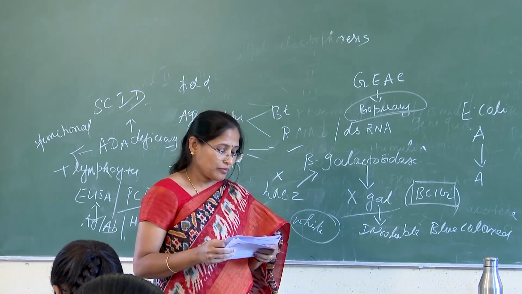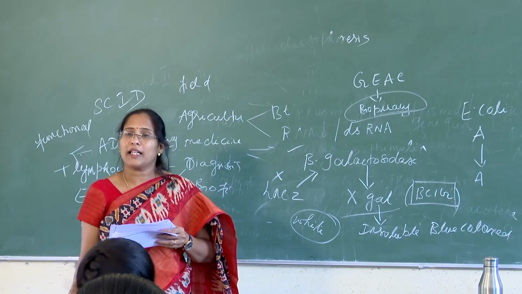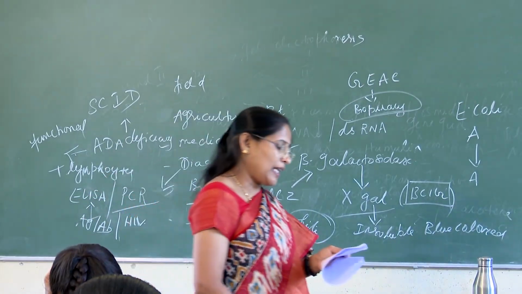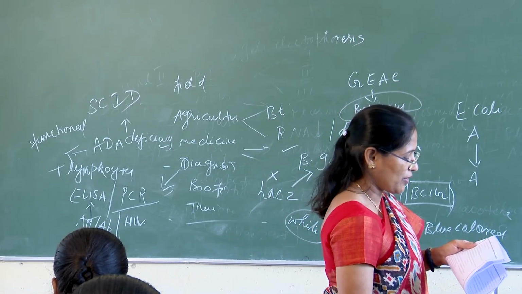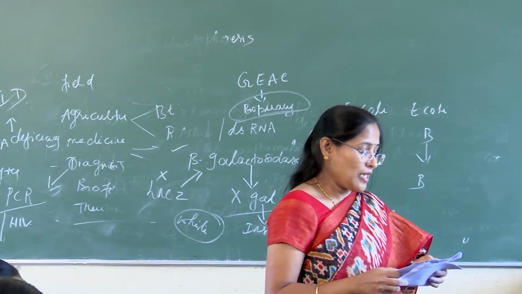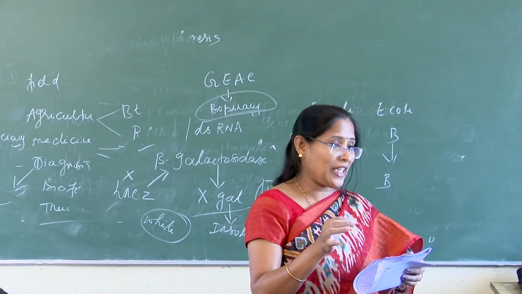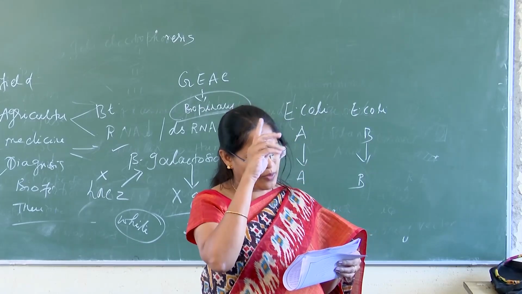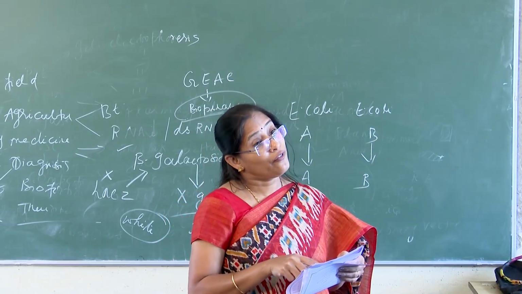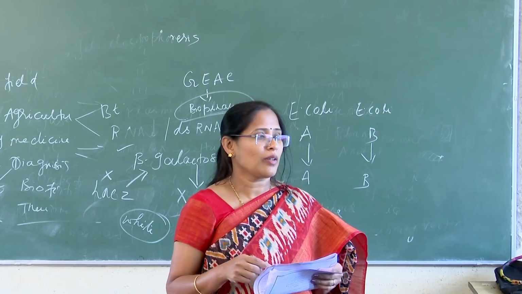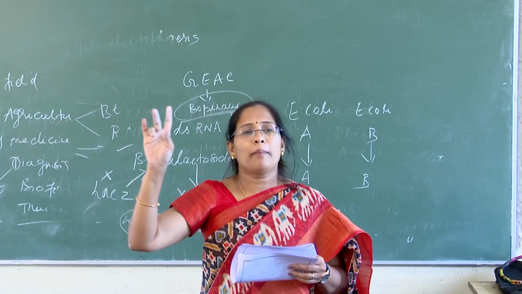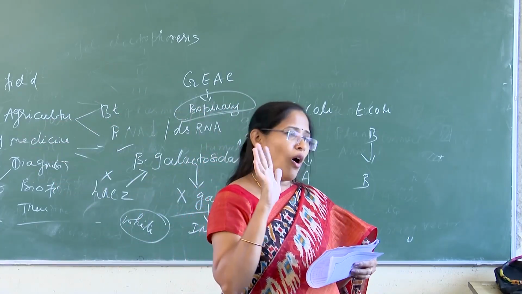Next, read the following statement and select the correct answer. Same kind of sticky ends are produced when a DNA is cut by different restriction enzymes. Correct or wrong? Same kind of sticky ends means the same cut. Different restriction enzymes, different sites, but always sticky ends.